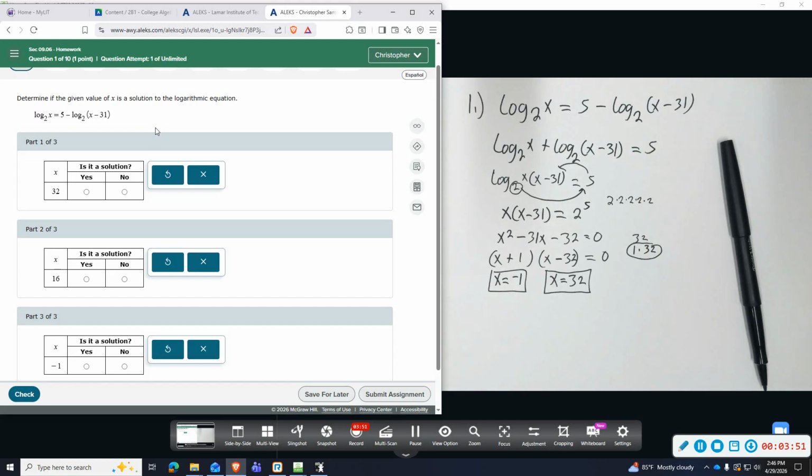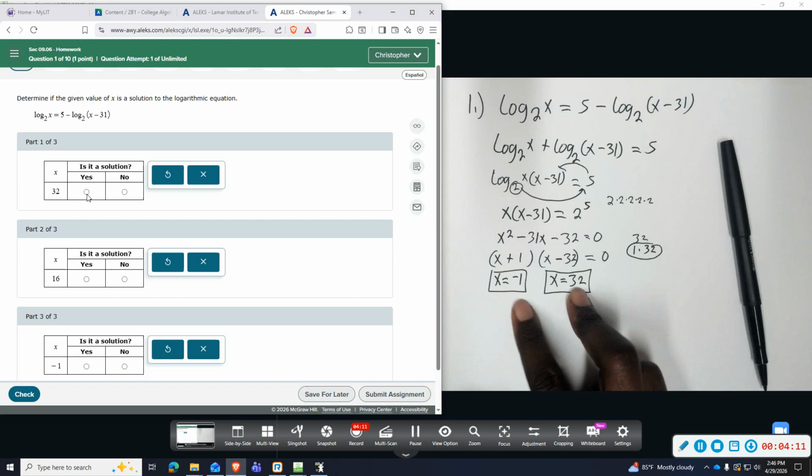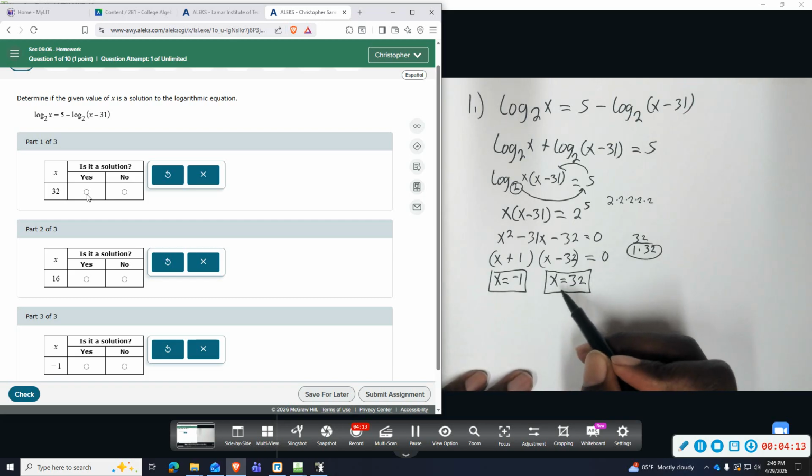Again, you can plug each of these answers in and see if they work out. In this case, we've already solved it, and we can see that 32 is going to work out. You do want to check these, however, because just because I get two solutions doesn't mean that they work. One thing you've got to be familiar with is that log has a restriction.